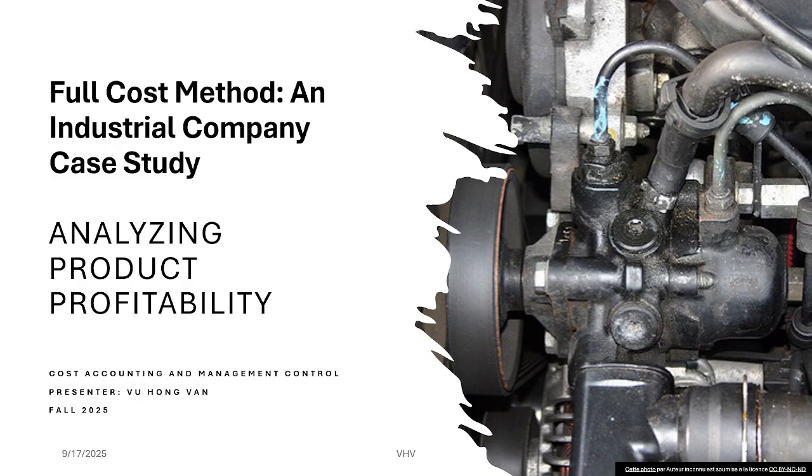Today we are going to walk through a practical application of the full cost method using a case study of an industrial company. This presentation is a part of the cost accounting and management controls course for the winter of 2025. The goal here is to move beyond theory and see how these accounting principles are used in the real world to analyze product profitability.